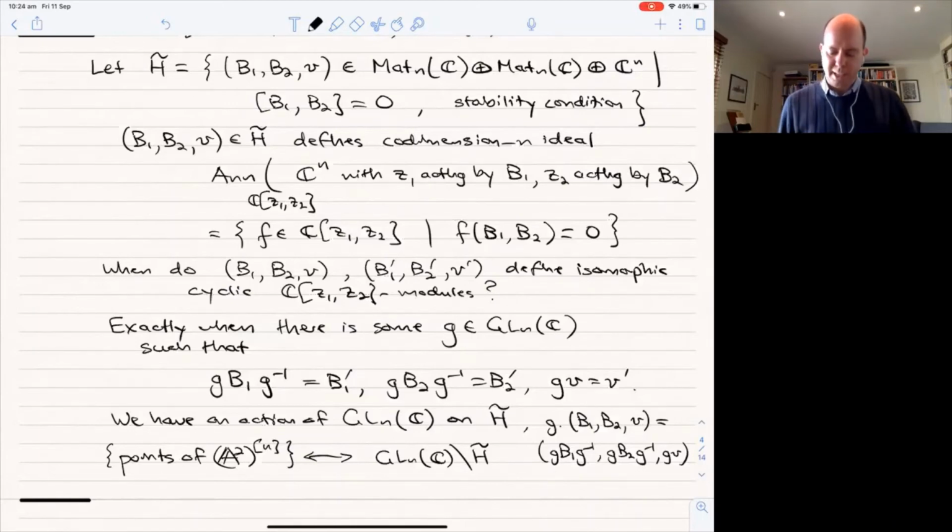So this has translated the problem of describing the points of this Hilbert scheme into a problem of linear algebra, where you're describing instead triples of two matrices and a vector, satisfying some conditions, up to a natural action of the group GL_n(C).